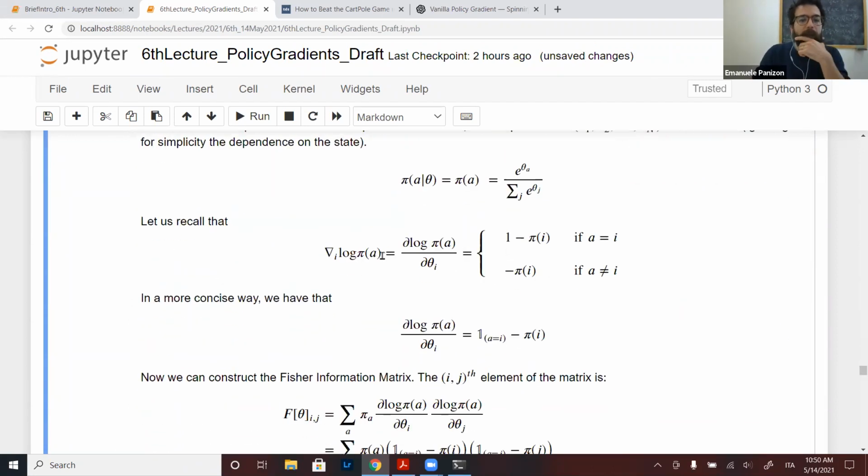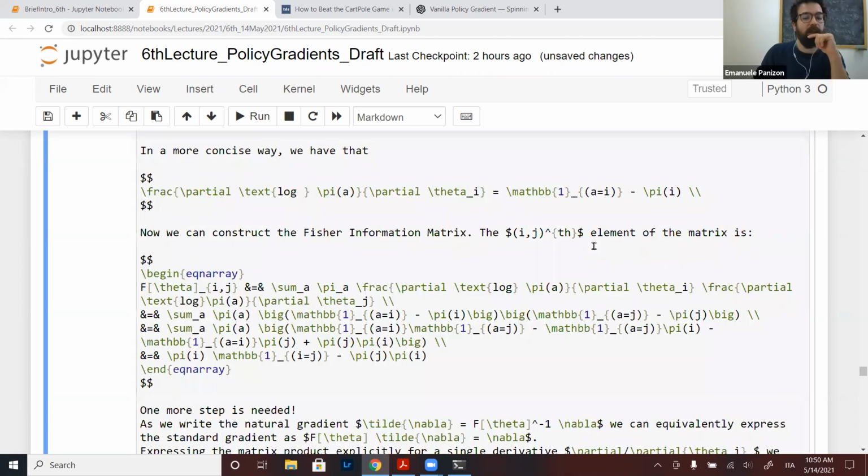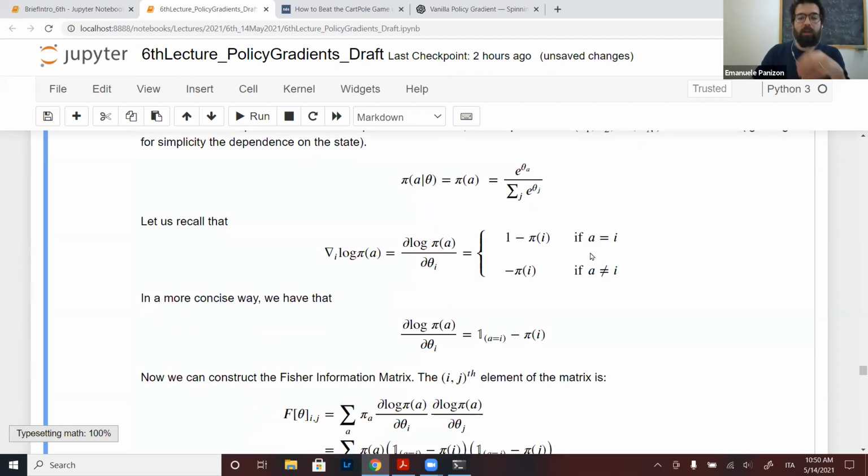I know how to deal with it because we already saw that if I have the probability of taking an action and I do the differentiation by the parameters, it's either 1 minus π, the probability of taking the action I, or it's minus the probability of taking I, depending on whether the action I is the action I'm considering or not.